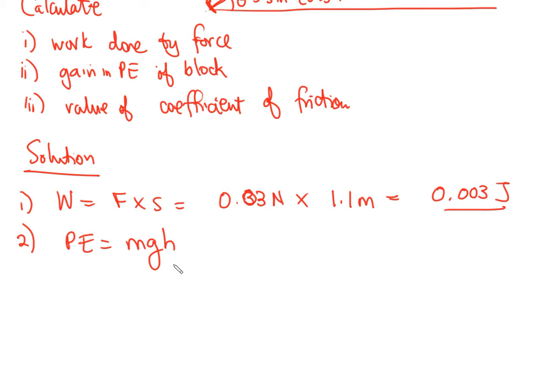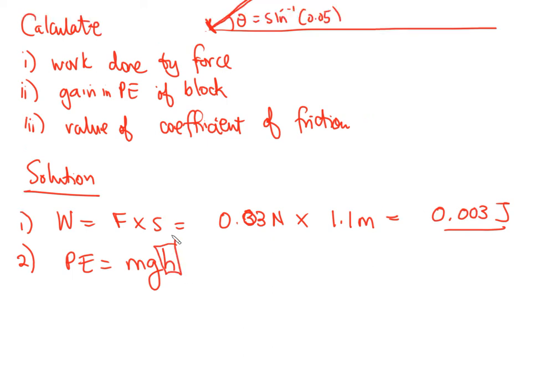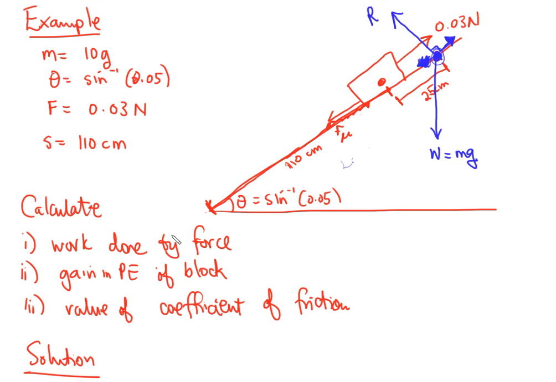This is a very, very important point, and I'm going to emphasize it, guys. This height is the height above the ground, or height above a fixed point. What is the height above the ground for this object? This is the ground, so the height above the ground is this here.